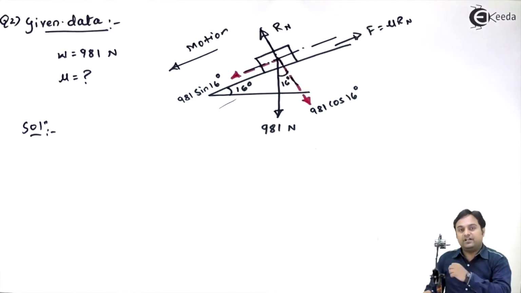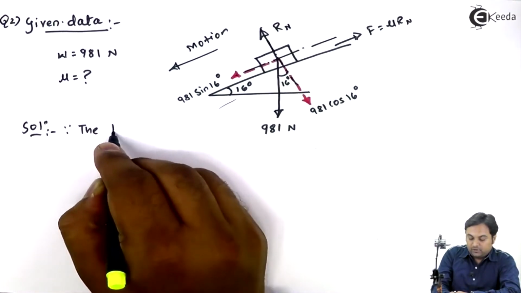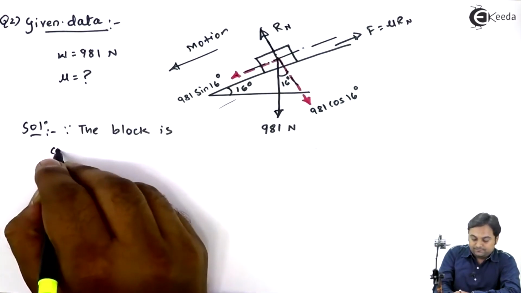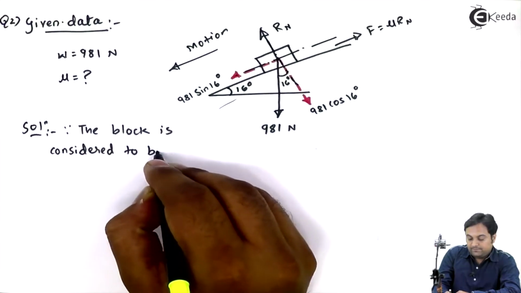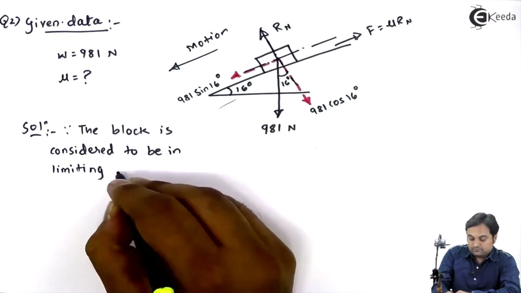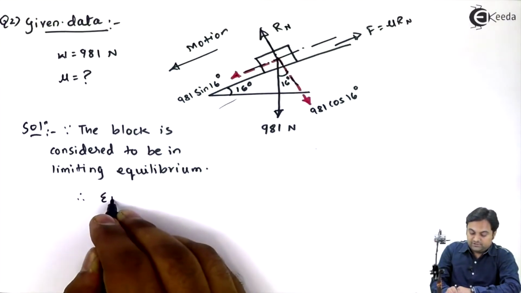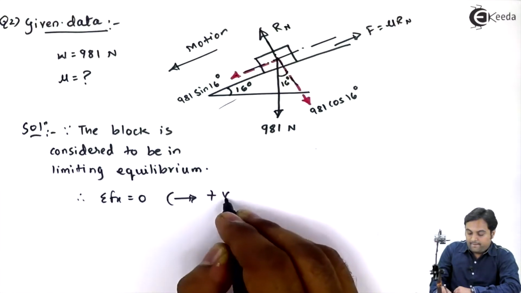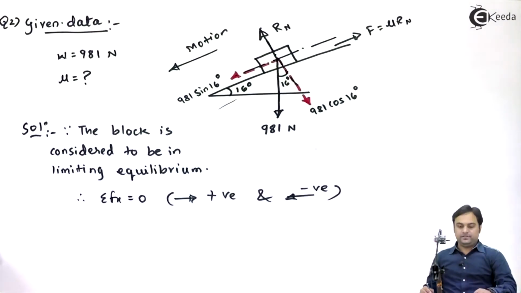In the solution, when we are solving this problem, we should say that since the block is considered to be in limiting equilibrium, therefore summation of Fx will be taken as 0, with the convention of rightward force is positive, leftward force is negative.